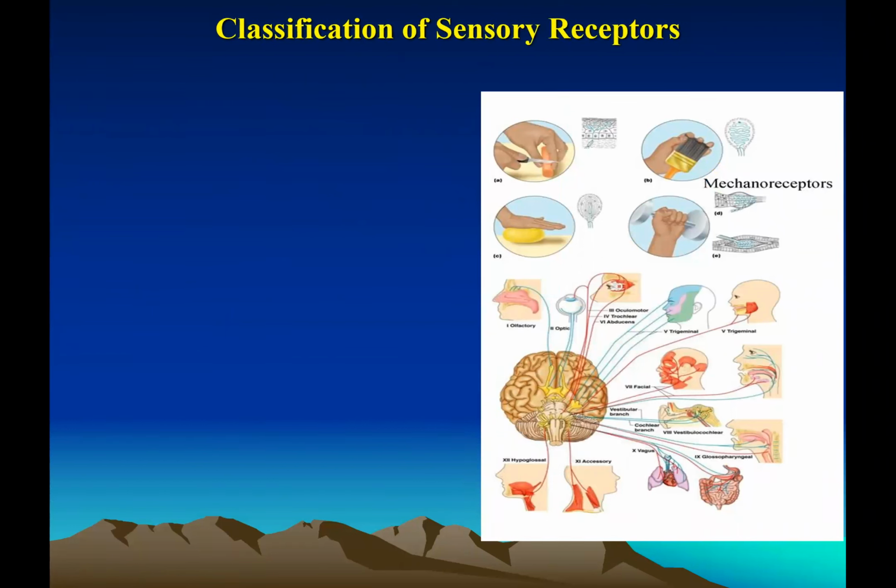Receptors are also classified several ways, depending on the location. If the receptor is found inside the body, it's called an interoceptor, for monitoring your heart, your liver, and so forth. The receptors that monitor the external environment are called external receptors, like when you perceive temperature changes or touch.